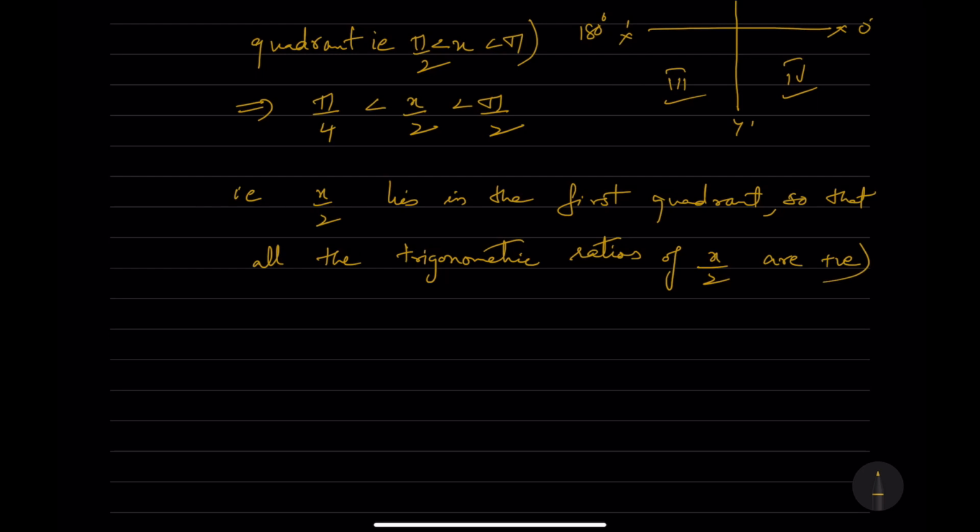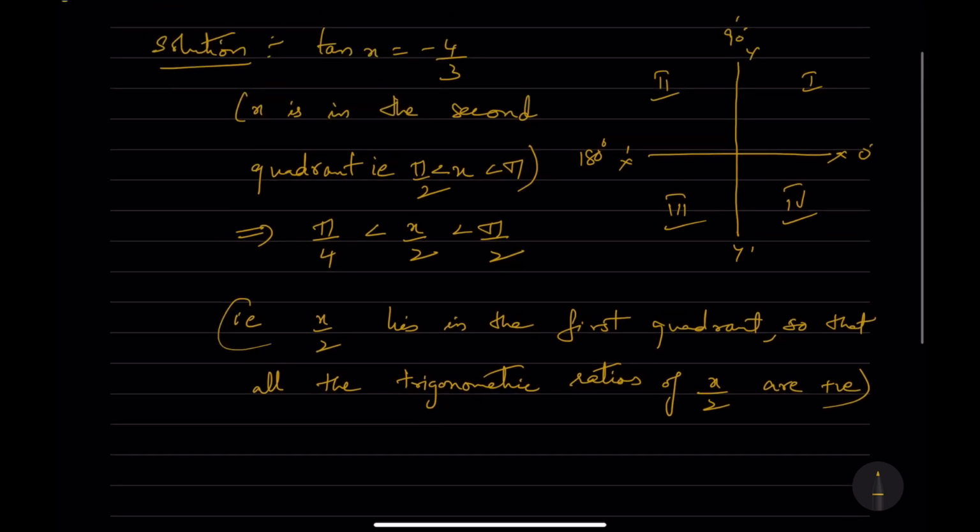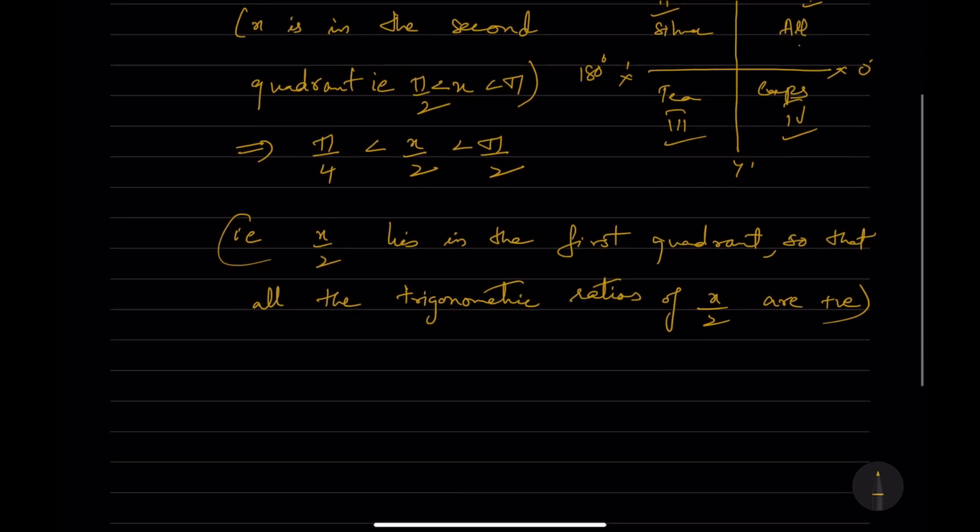Now you know that if x lies in the first quadrant, 0 degrees to 90 degrees, you have seen in the previous video that all the trigonometric ratios in the first quadrant are positive. You are having all silver tea cups, which means all the trigonometric ratios are positive in this case.